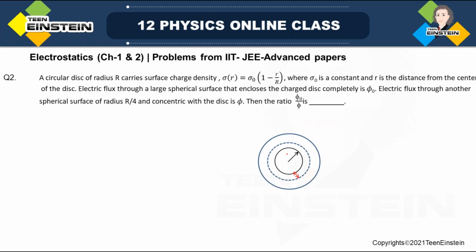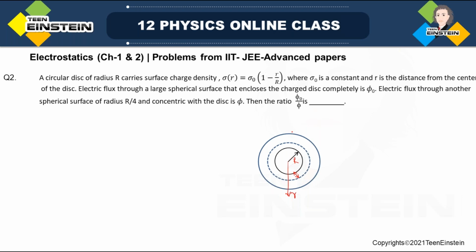That means, see, if I consider this to be the circular disk, having radius capital R, and the distance from the center is increasing in this way.